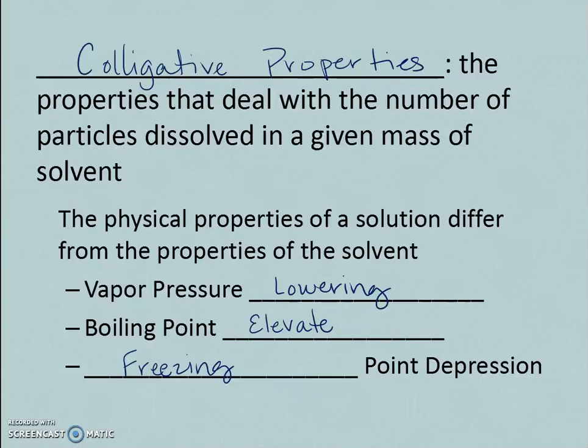Not really. What it's doing is, once you add that sodium chloride or that table salt to that water, you've now changed it. It's not water anymore. Water boils at 100 degrees Celsius, but when you add that sodium chloride, it's actually going to slightly elevate the boiling point of the new solution. And so now it's going to boil at a higher temperature.